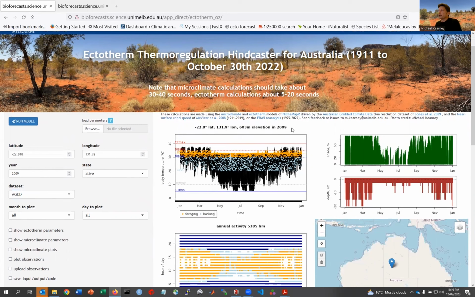Their combined time span is quite a large time span, 1911 to 2022. So those are the Australia and US specific apps, and these will allow you to make quite accurate predictions for those particular parts of the world. But of course, you can always use the global hindcaster, which uses the NCEP data and the ERA5 data, and you'll get reasonably good predictions from those as well.